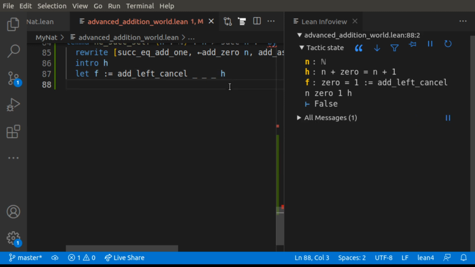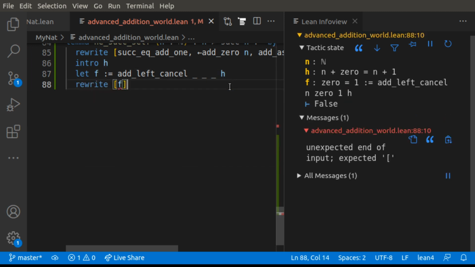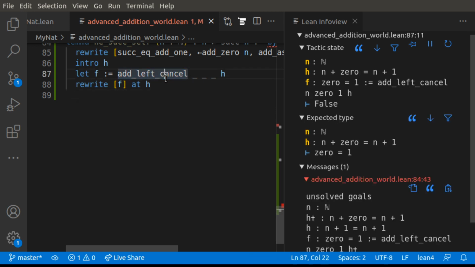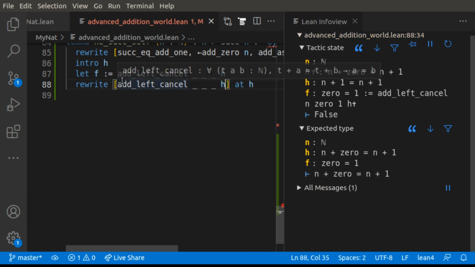Can we rewrite f at h? Does this work? Do this. Got some weird name collision. Oh, okay.